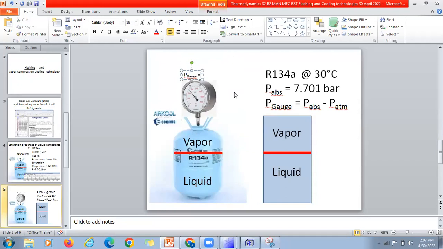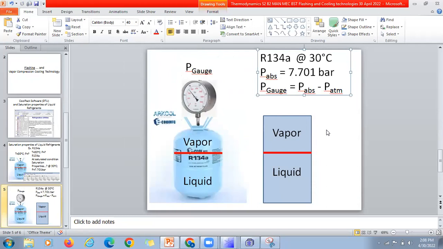P gauge is measurable separately, and the atmospheric pressure is also measurable. So you know P gauge, you know atmospheric. So P absolute is P gauge plus P atmospheric.